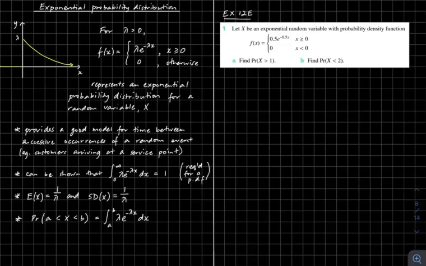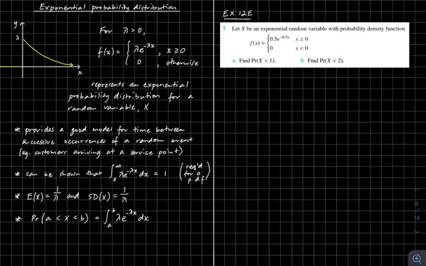We want to find the probability that x is greater than 1, and then the probability that x is less than 2. Here's our value of lambda. In this case it's 0.5. So we're going to see 0.5 there and minus 0.5 there, because it's take away lambda x as the exponent.